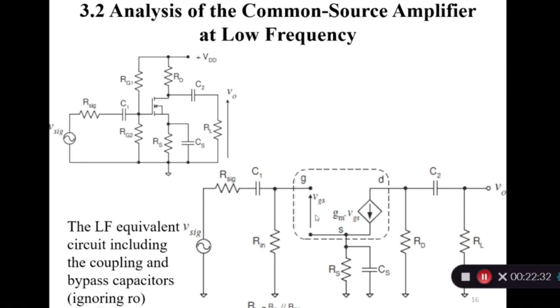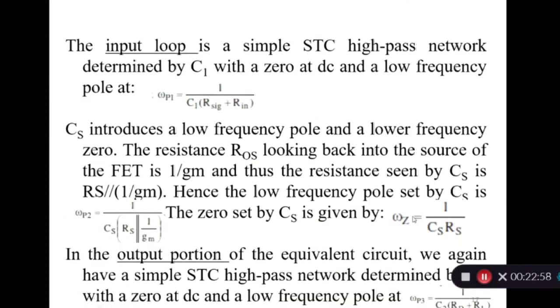One more thing. What happens? This here, it introduces a low frequency pole and a lower frequency. The resistance ROS, this resistance from this section, pushing back into the transistor. Poles now. We have separated already only this one.